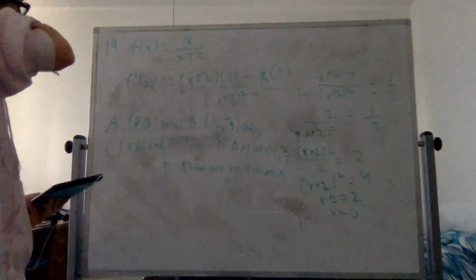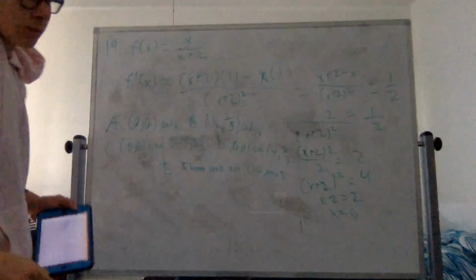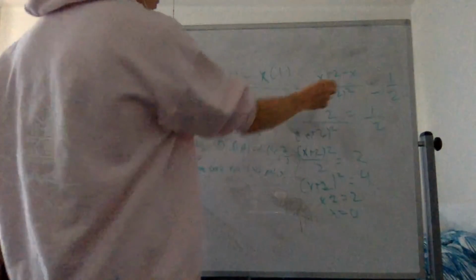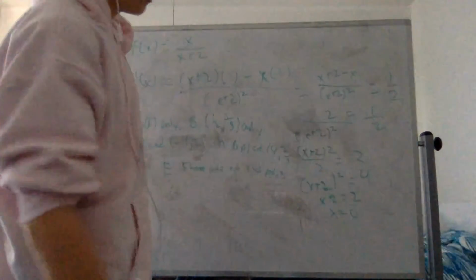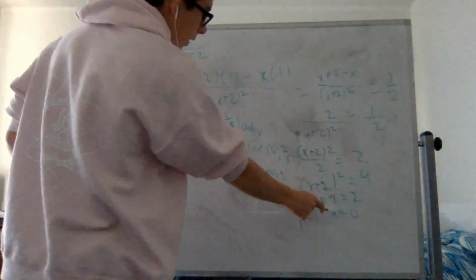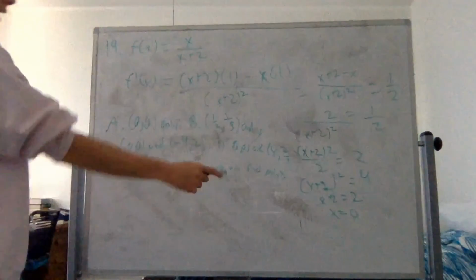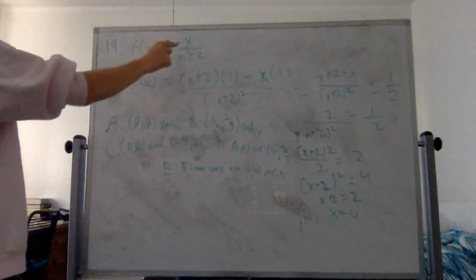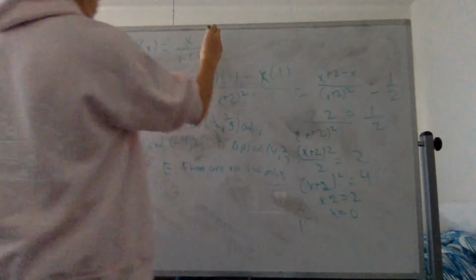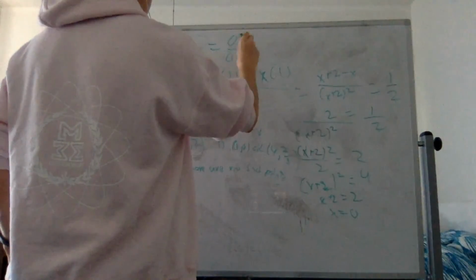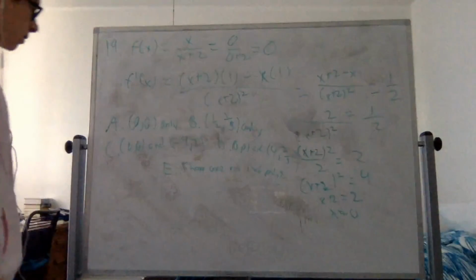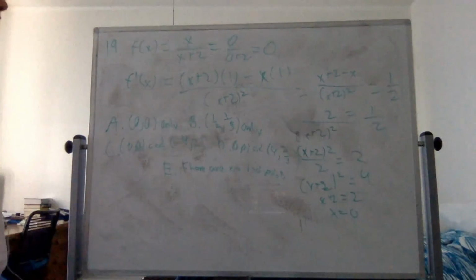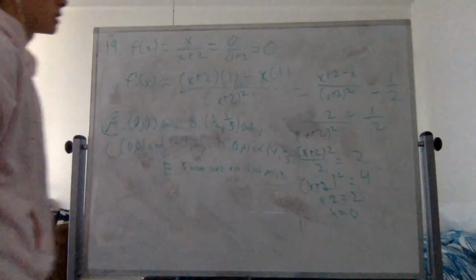So now they want the x and the y coordinate of where the slope is equal to 1/2, right? So we saw that the slope is equal to 1/2 when x equals 0, right? So if we plug x equals 0 back into this equation, we get 0 over 0 plus 2, or just 0, right? So then we know that our point where the slope equals 1/2 is A, 0, comma 0 only, right?